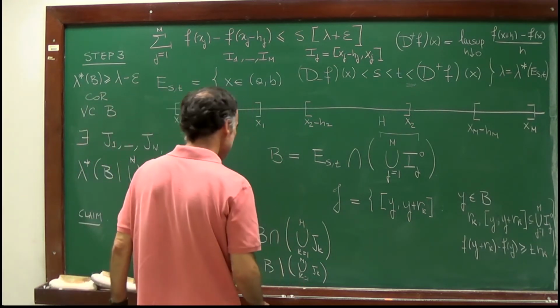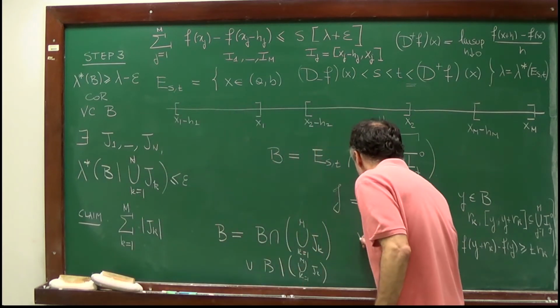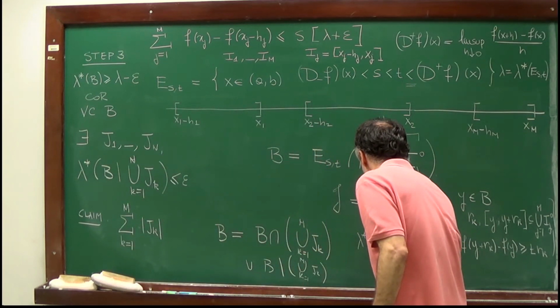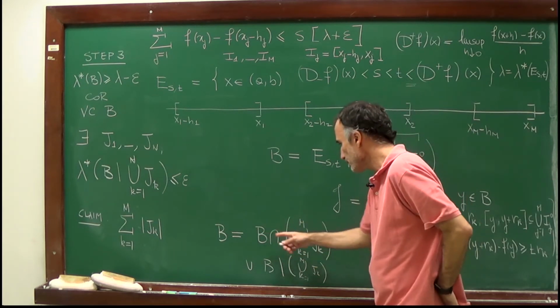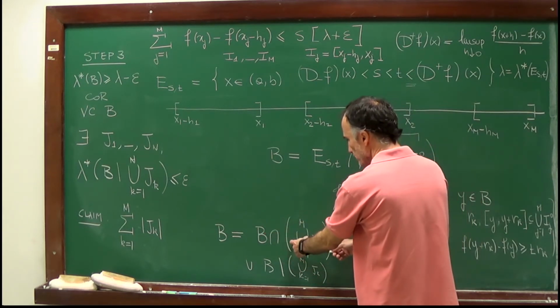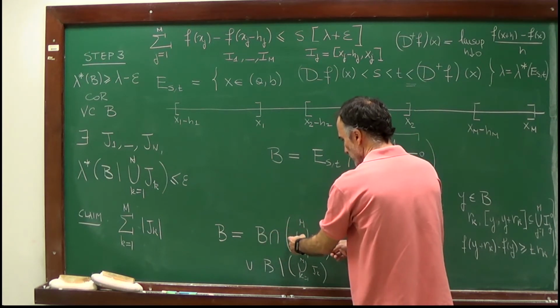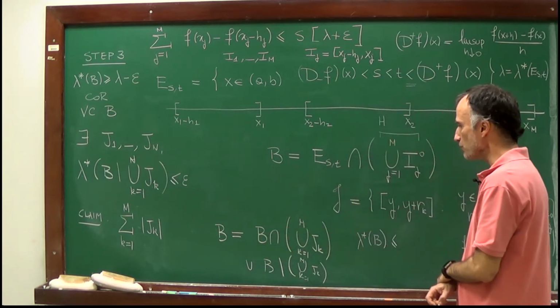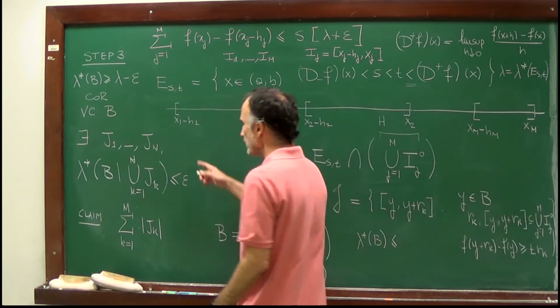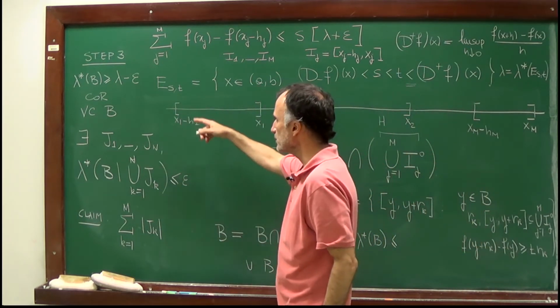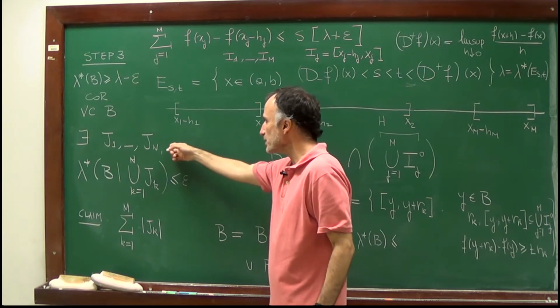So let me write it here. The outer measure of this set is contained in this union, so the outer measure of this set is contained in the outer measure of this set. These intervals J1, Jn, I didn't write them, but it follows from the Vitali lemma, they are disjoint two by two.